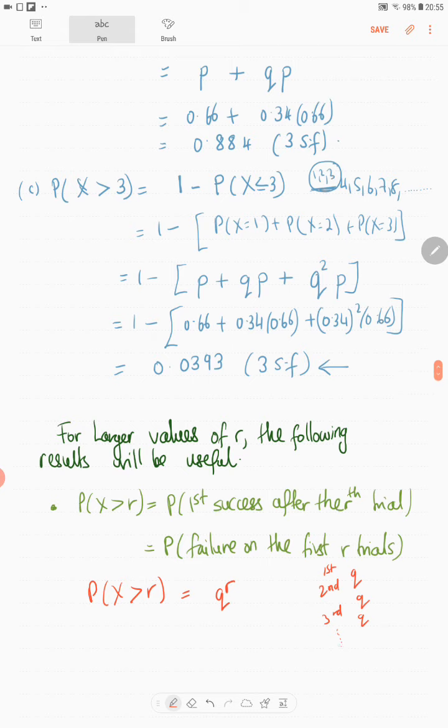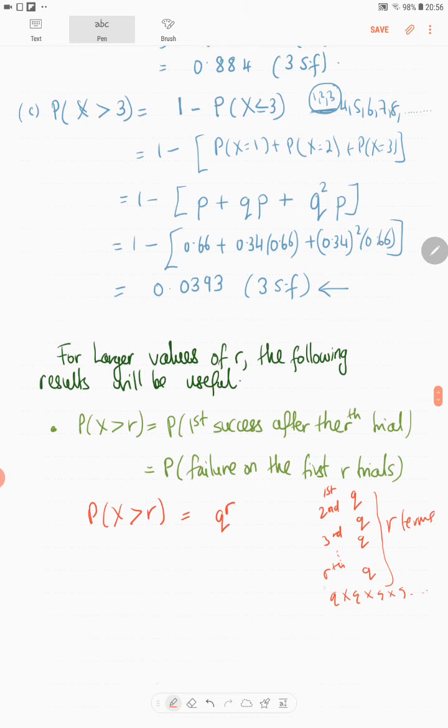This continues until the rth trial, which is q. So here we have r terms. The probability will be q times q times q times q, and this will occur r times. So it is q power r. This is the first result.